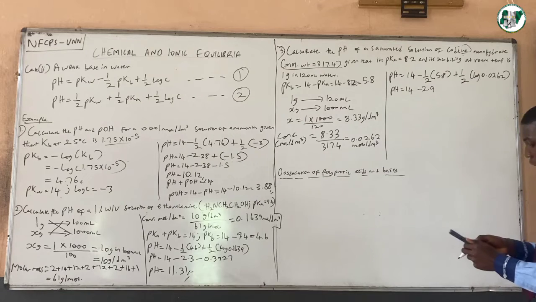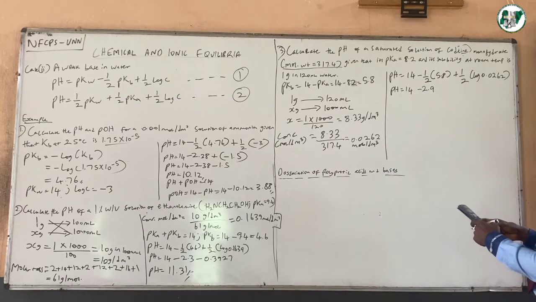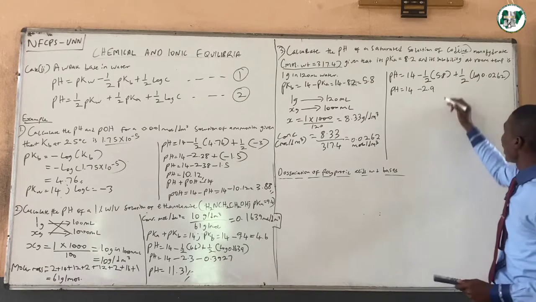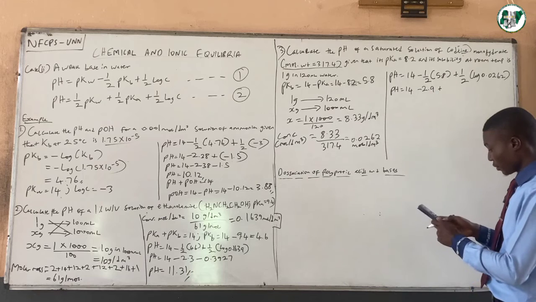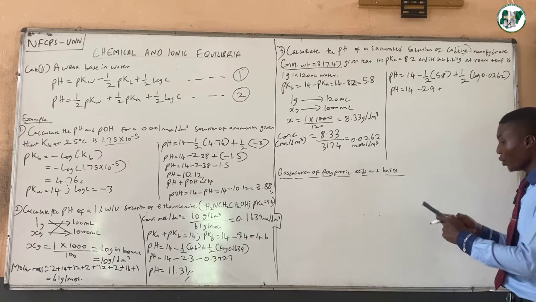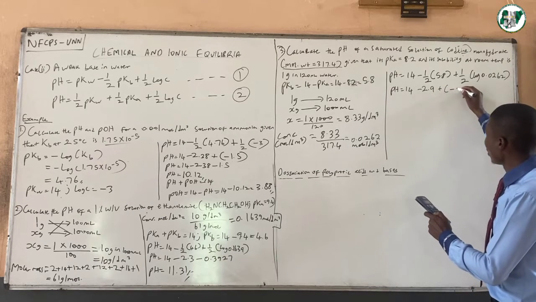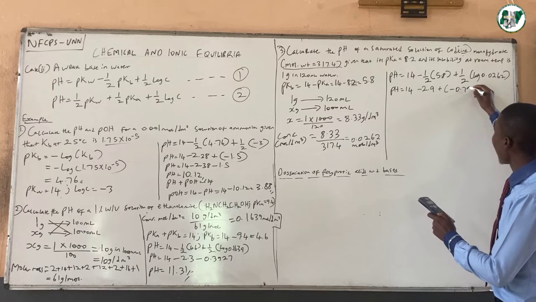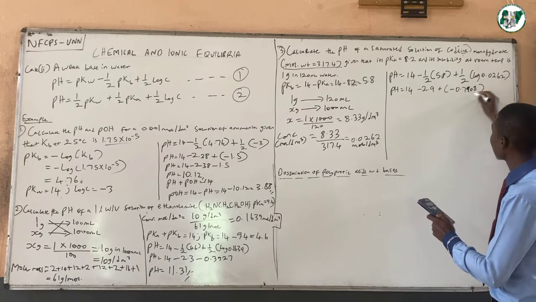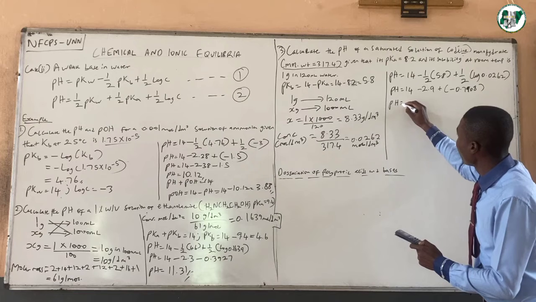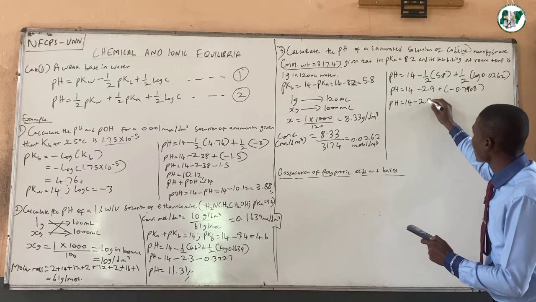Then plus, you divide by 2, the logarithm of 0.0262, so that's going to be plus minus 0.7908.